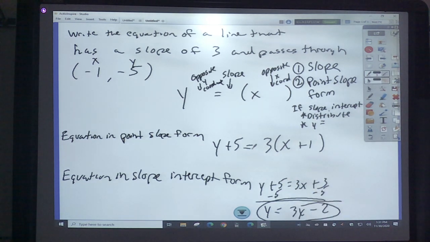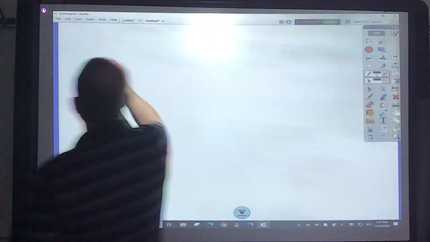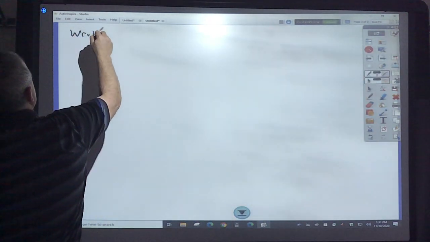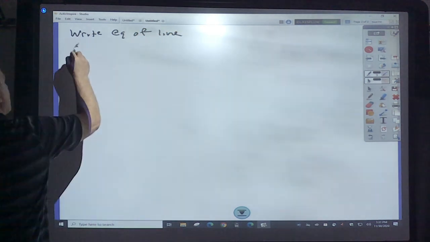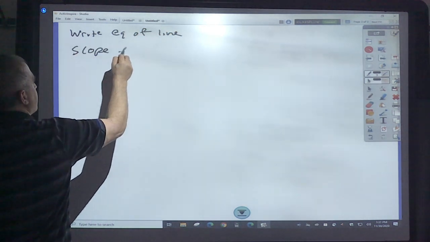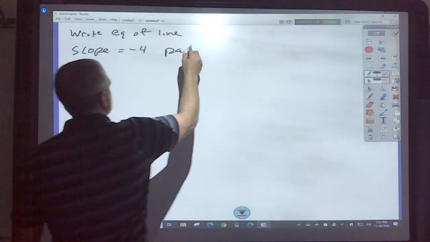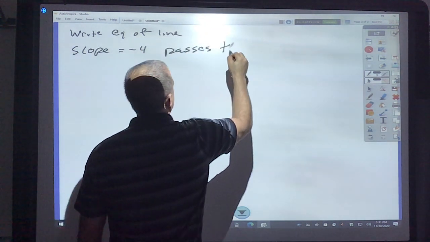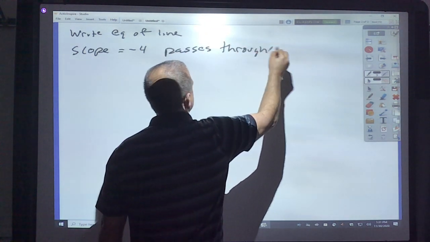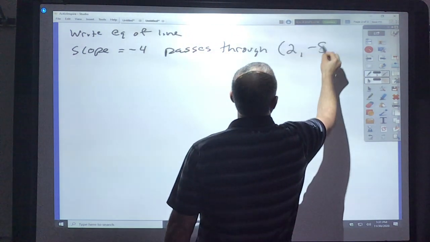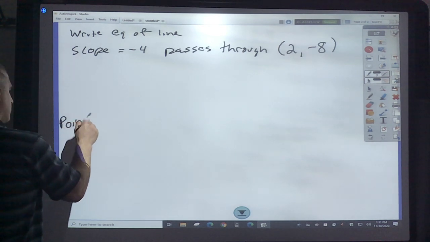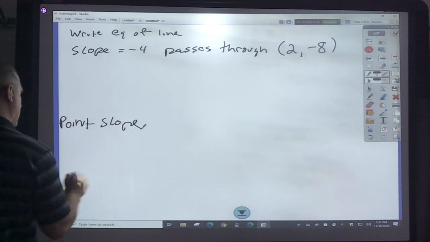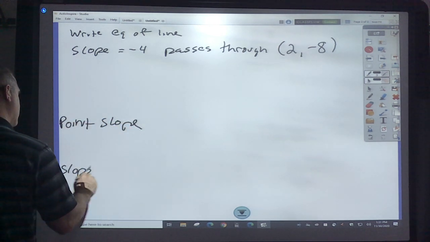Okay, we're going to do a couple of these problems. We're going to write the equation of the line where the slope is, let's say, -4, and it passes through, let's say, (2, -8). Okay, and I want point slope, and I want slope-intercept.